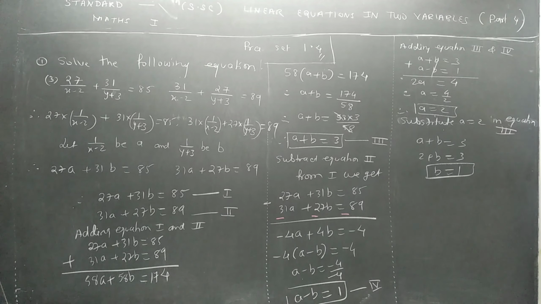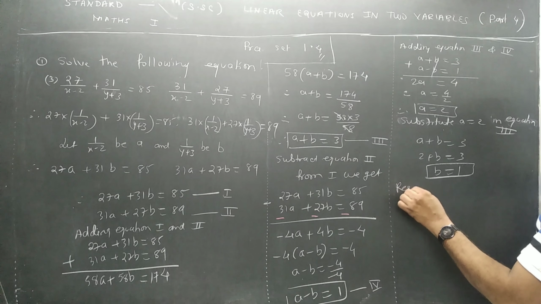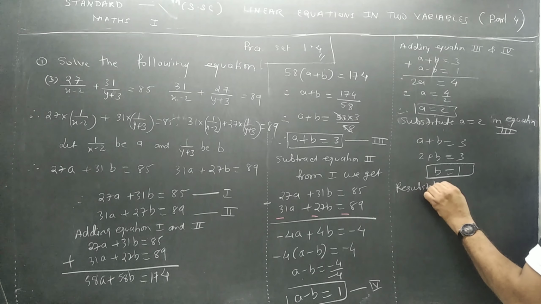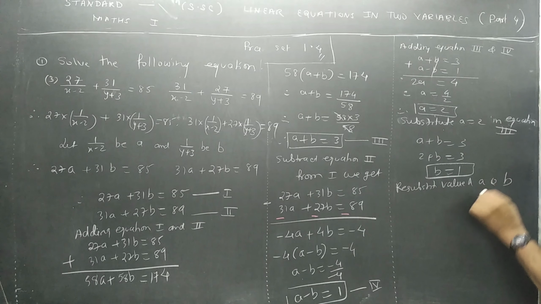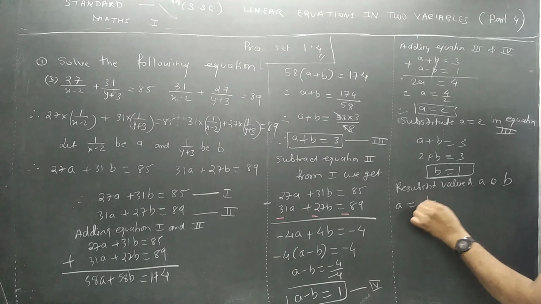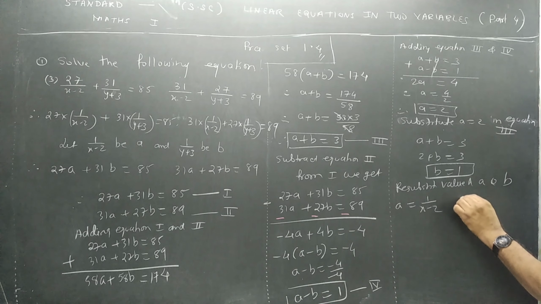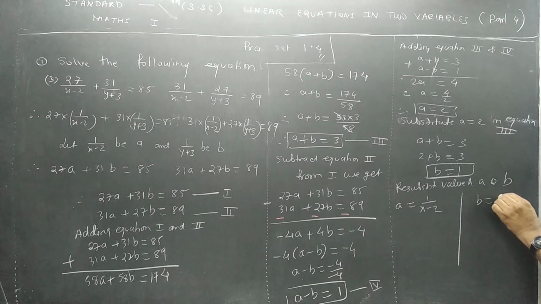But they have not asked for the values of a and b. So what are you going to do? Resubstituting the values of a and b. What is the value of a? a is equal to 1 upon x minus 2, and b is equal to 1 upon y plus 3.